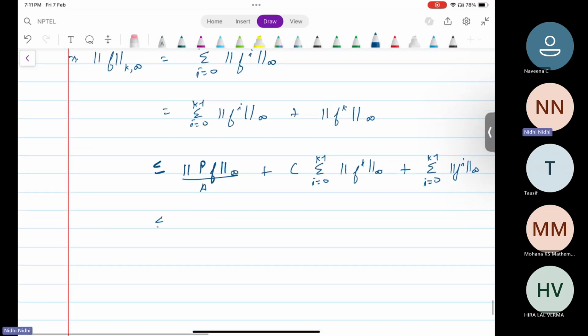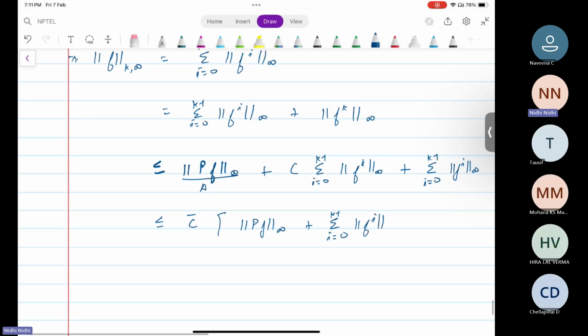This is less than or equal to C bar times the uniform norm of Pf plus summation i from 0 to k minus 1 of the infinity norm of f^(i), where this C bar is just the maximum of 1 by A and C plus 1. And see this term, this is the k minus 1 infinity norm of f.